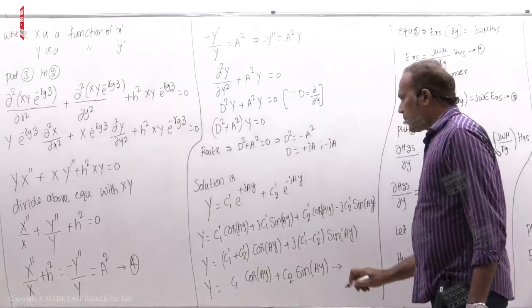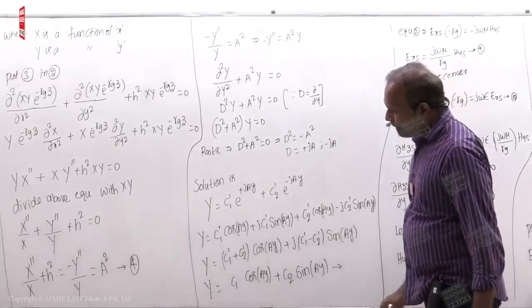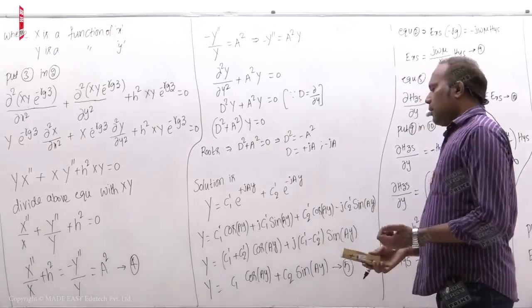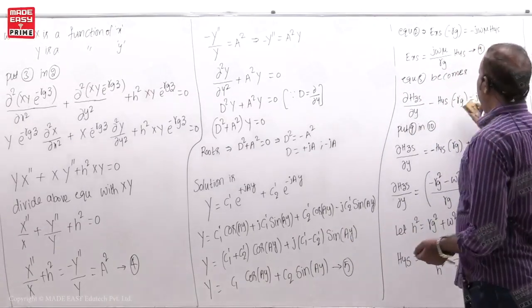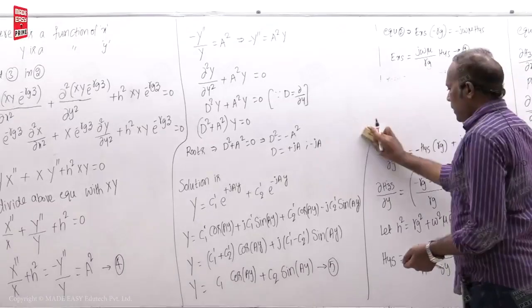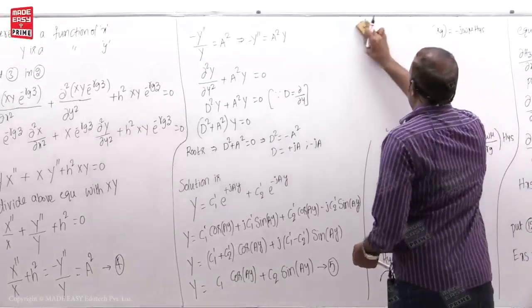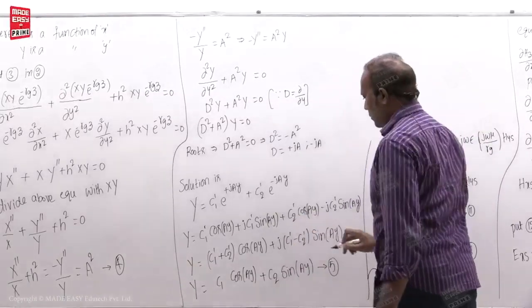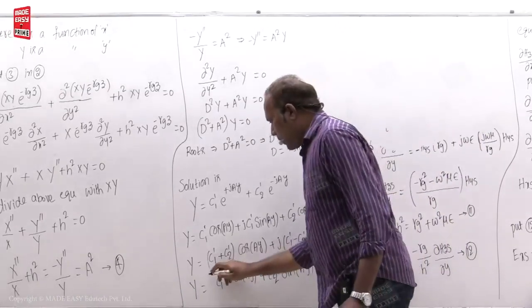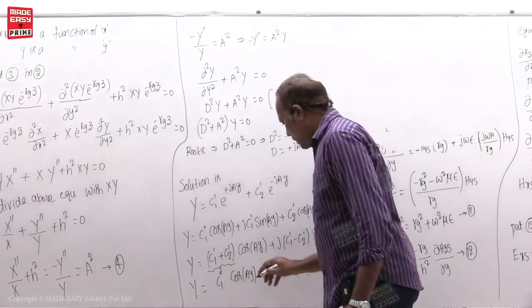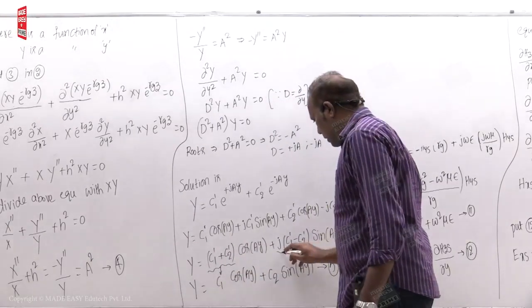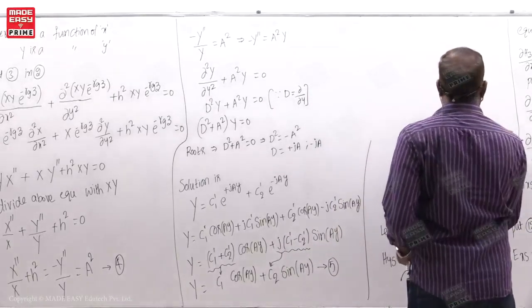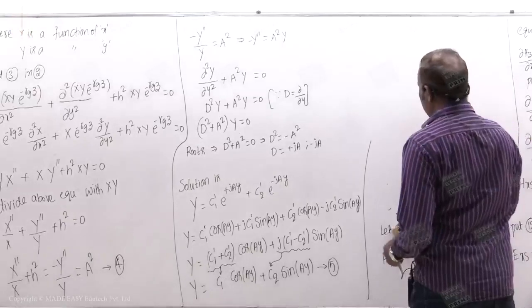This is equation number, let us say, 5. So here students, anyway among them c2 becomes 0. I am calling this one constant 1 and this total constant 2. Anyway, one of them becomes 0 from the boundary conditions, we will see.